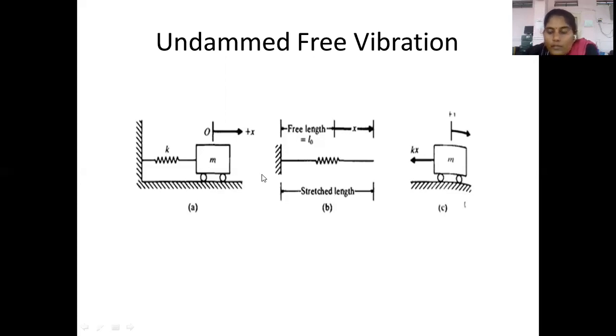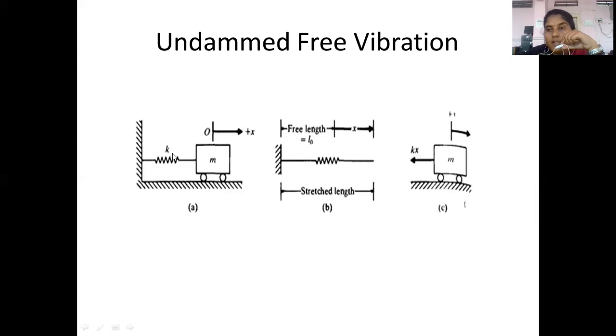Now we will see what this undamped free vibration system is. That is derivation number 1 from unit number 2. As per the name, undamped free vibration: undamped means the C parameter is 0, so you can see from the diagram there is no C parameter here.